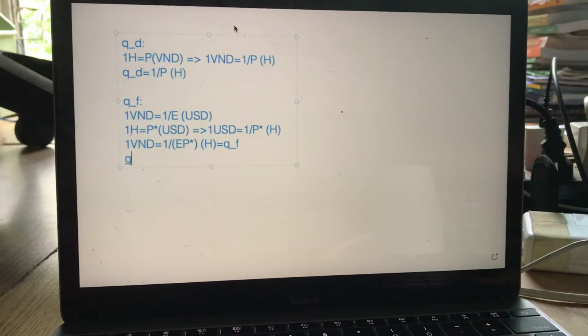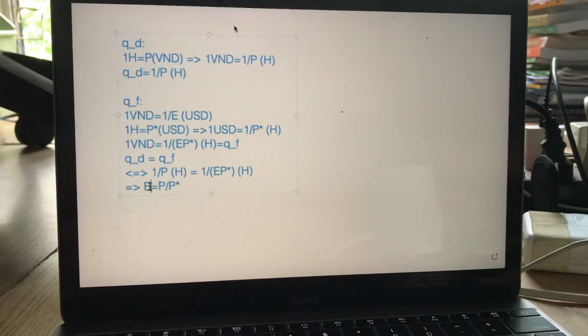So we have the QD equal to the QF, and it's equal to this, right? 1 over P equal to this. Rearrange this and cancel out the units of goods, so we have E equal to P divided by P star.